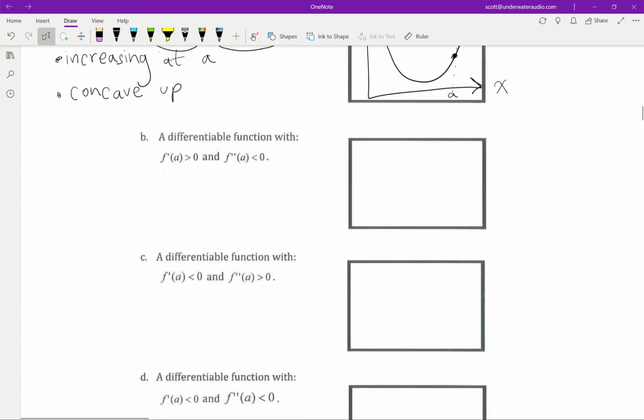So for B, again we have that it's increasing at A. But this time we have that it's concave down.